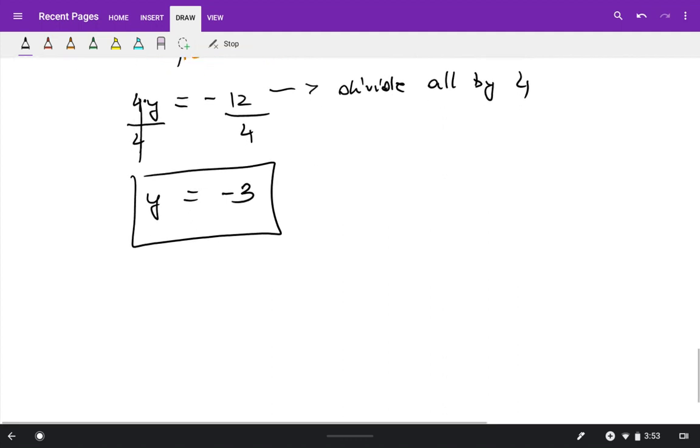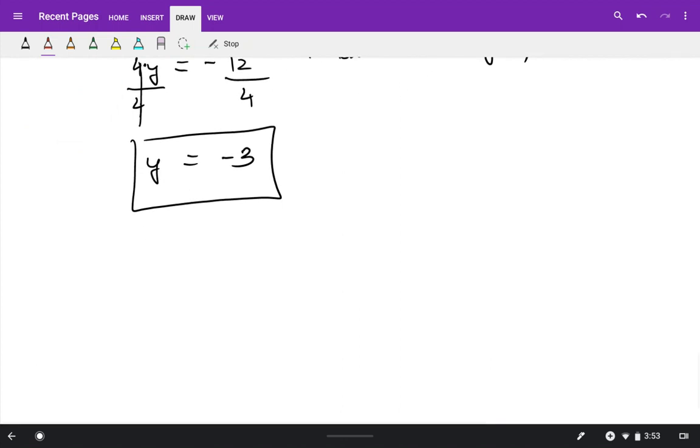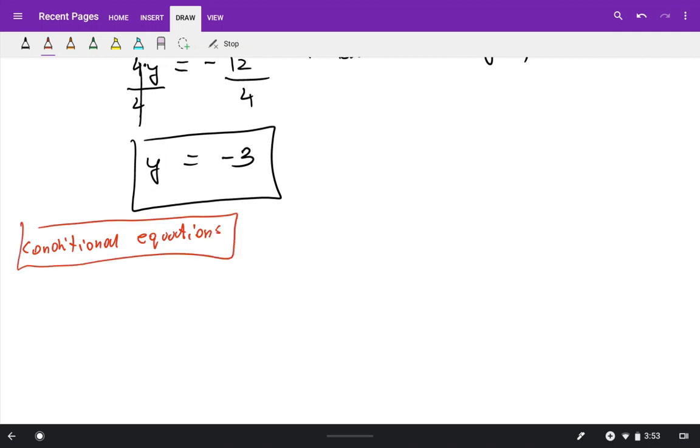So here, let's talk about conditional equations. So that can be new. Conditional equations. Okay, so conditional equations are equations that are true for some values of the variable but false for other values. So let me write this down and give you the example.